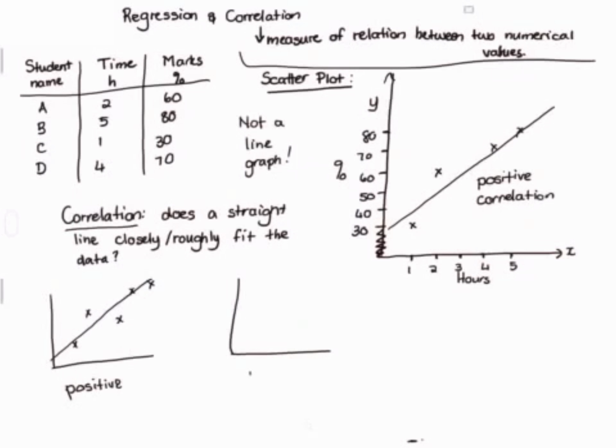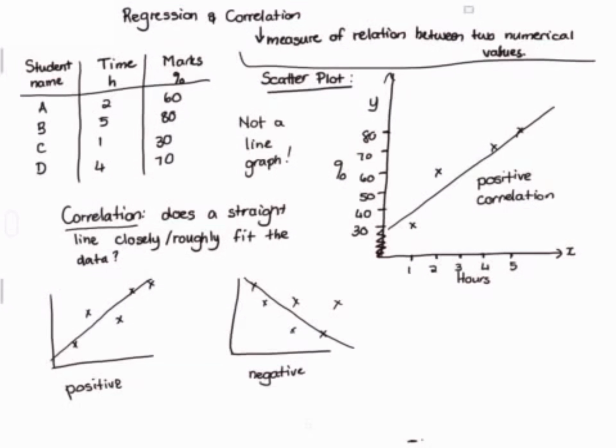So a negative correlation would be if they seem to, you can get a little one that's completely outside, but they seem to make a decreasing line.